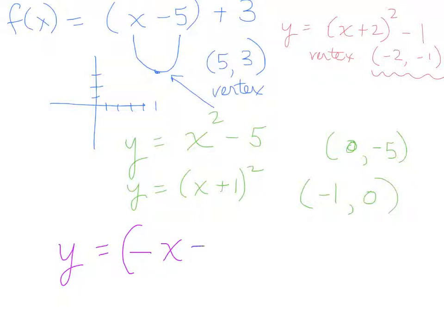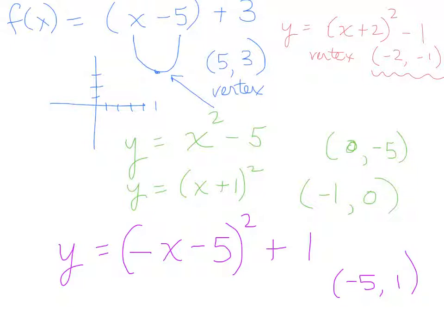Negative x. All right, this gets a little bit trickier. Yeah. +1, all right. Think about how you would graph it. So it wouldn't be 5. It'd be -5, 1. Yeah.